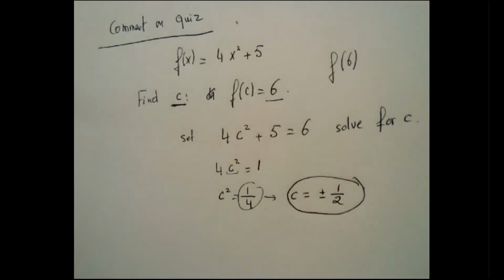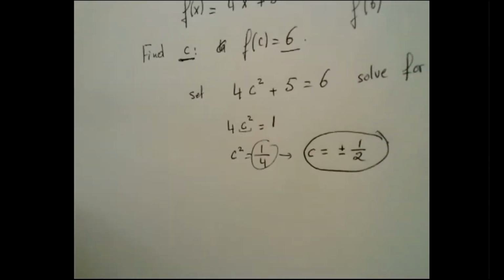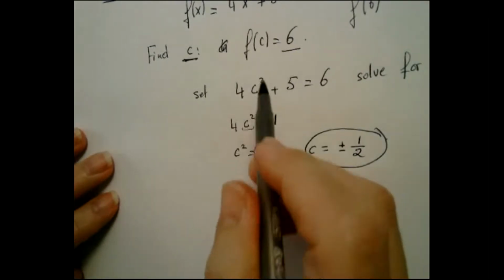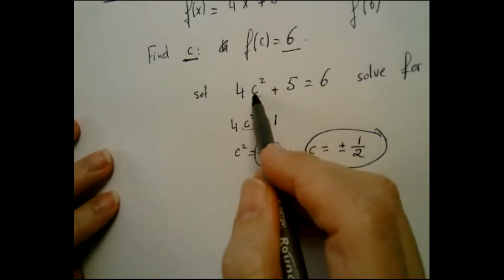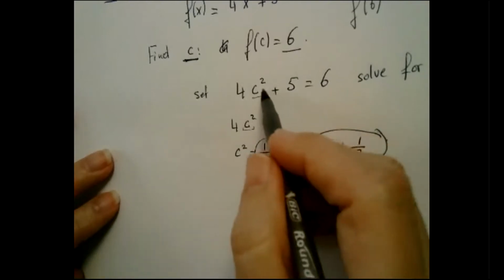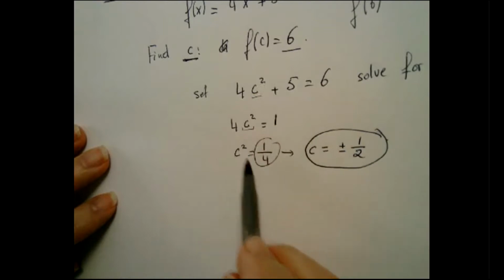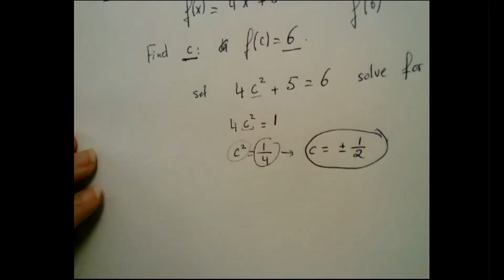Okay, so that was the easiest way to solve this problem, all right? I'll make a comment here. In this problem, we have to solve a quadratic. It's a quadratic, it means the unknown is raised to the power 2. And there is no c, there is only c squared. In this way, the easiest way to solve it is to isolate c squared equal 1 over 4.